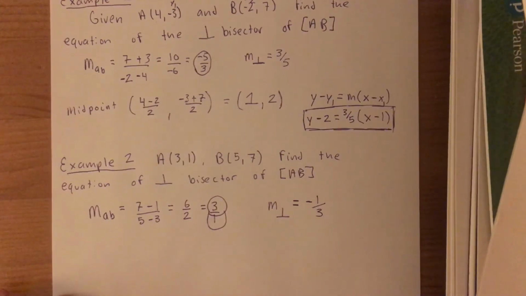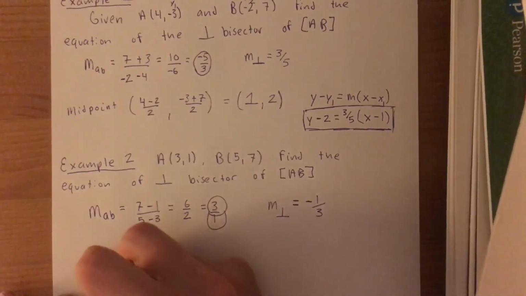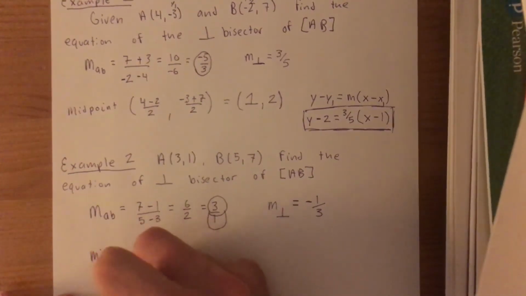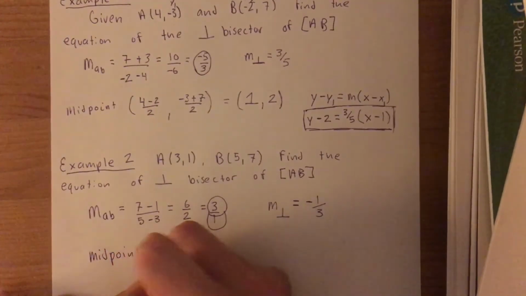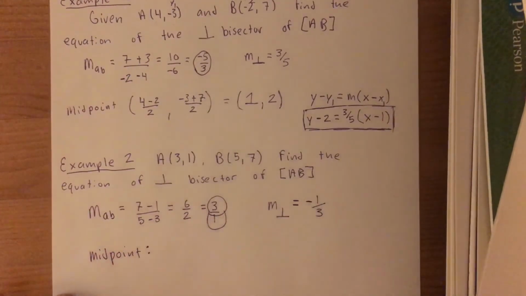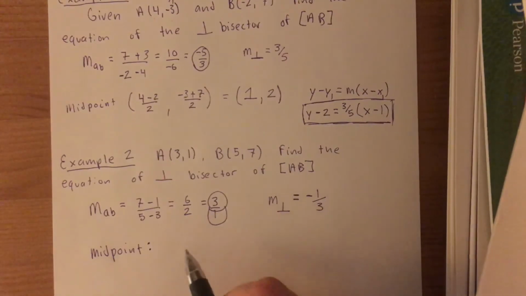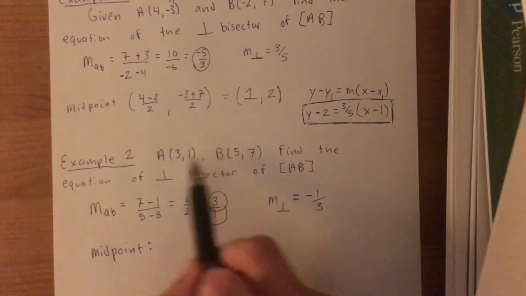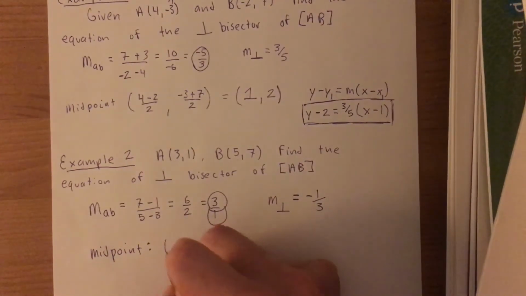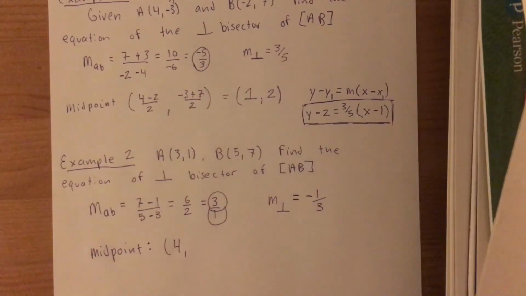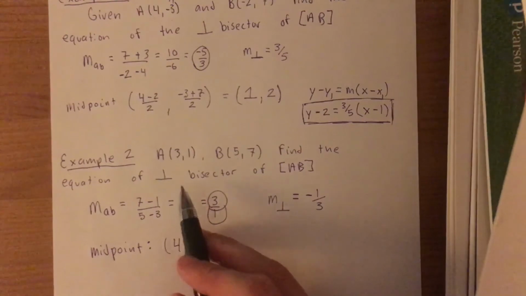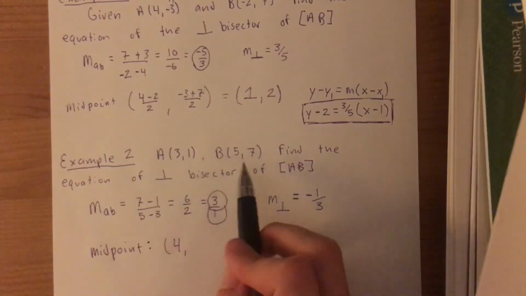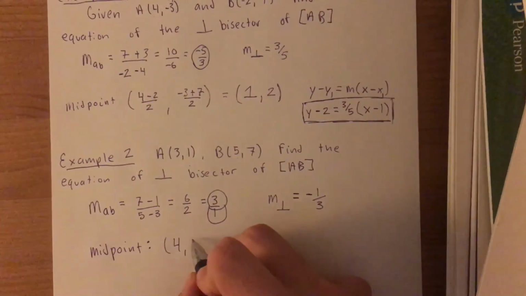So now the midpoint here is actually a little bit easier to find. Not really dealing with any negative numbers, so I'm going to opt to not use the formula here. I'm just going to figure it out in my head. The number that's in the middle of 3 and 5 is 4, so the x-coordinate is going to be 4. The number that's in the middle of 1 and 7 is also 4.